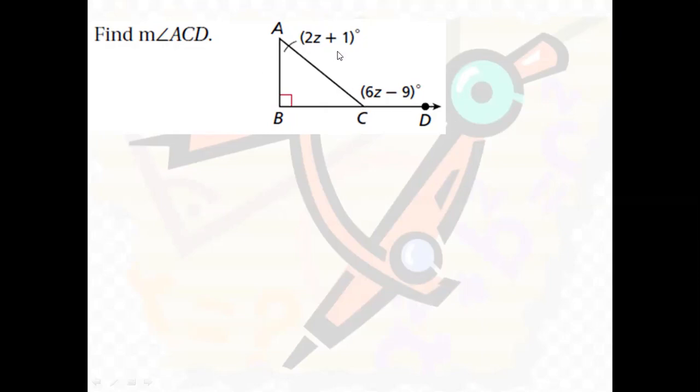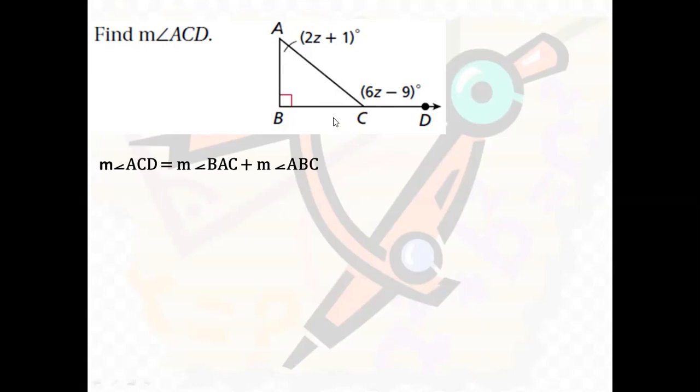Now, of course, we are dealing with variables. So the first step, always, you need to find the value of z. To find the value of z, we need an equation. To write an equation, we have to say that this question uses the exterior angle theorem, the one which we learned before.